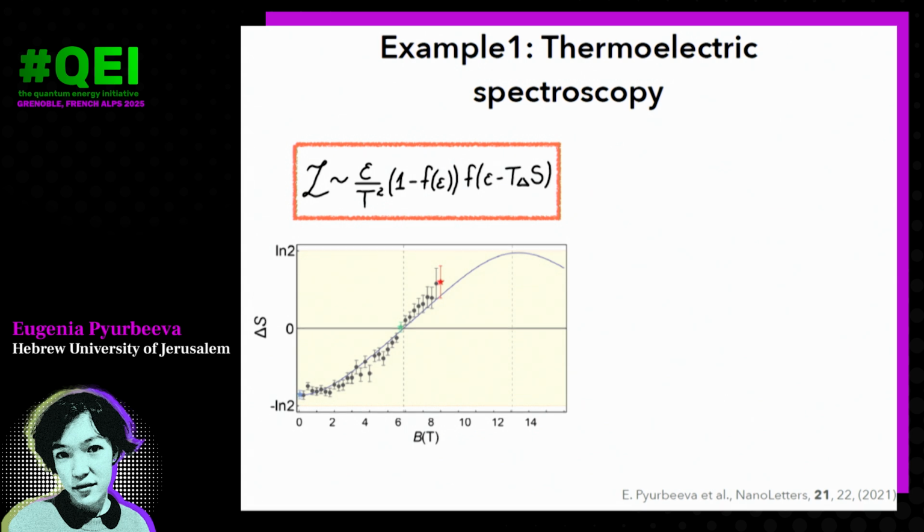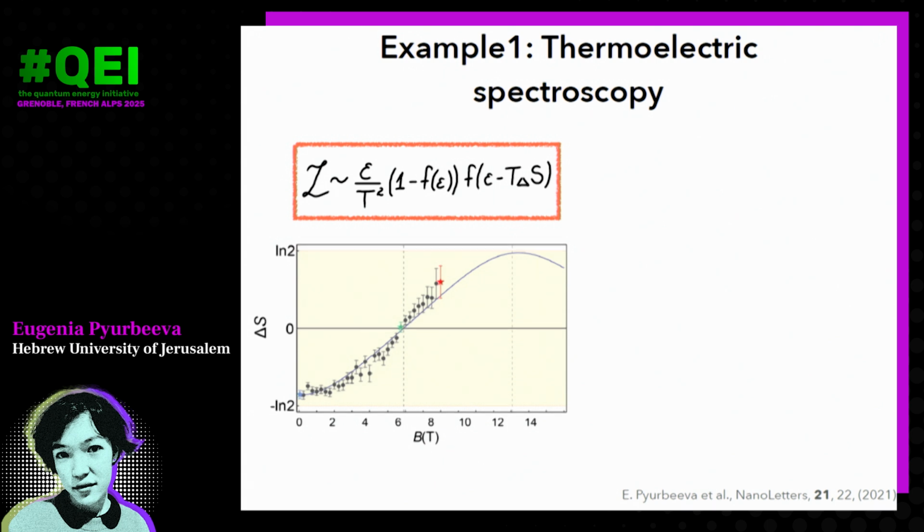And if it was exactly minus logarithm of 2, it makes you think of doublet to singlet. But if it were doublet to singlet, then at higher field it would go to 0, because we would only be transitioning from the low energy singlet to the singlet in the higher charge state.